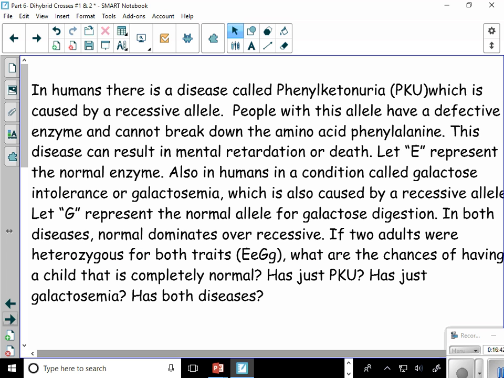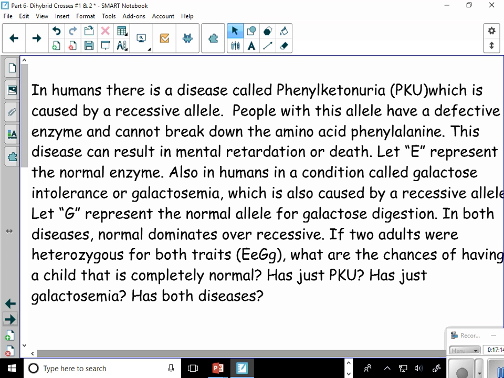Also, in humans, a condition called galactose intolerance or galactosemia, which is also caused by a recessive allele. Let G represent the normal allele for galactose digestion. So lowercase g, the recessive allele, is the one that does not digest galactose.